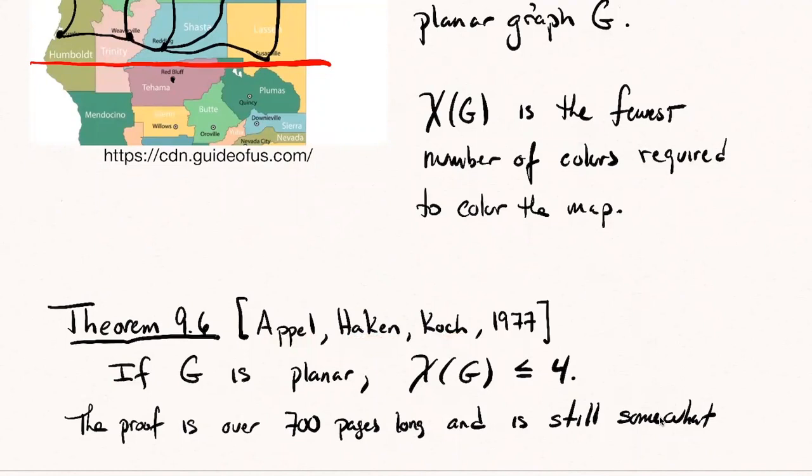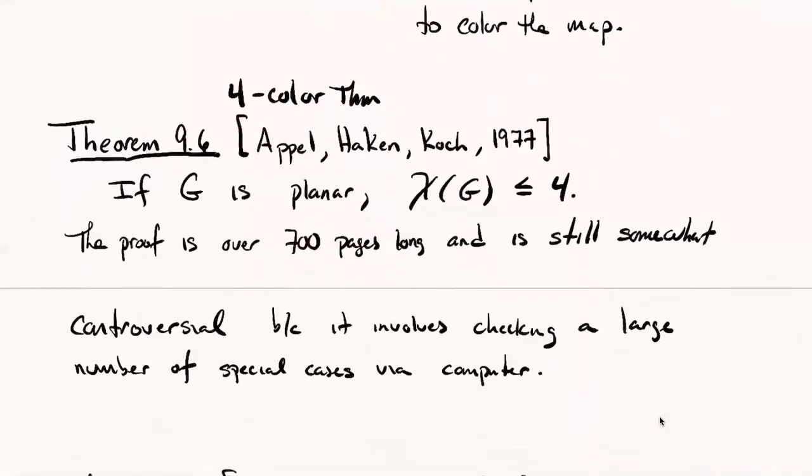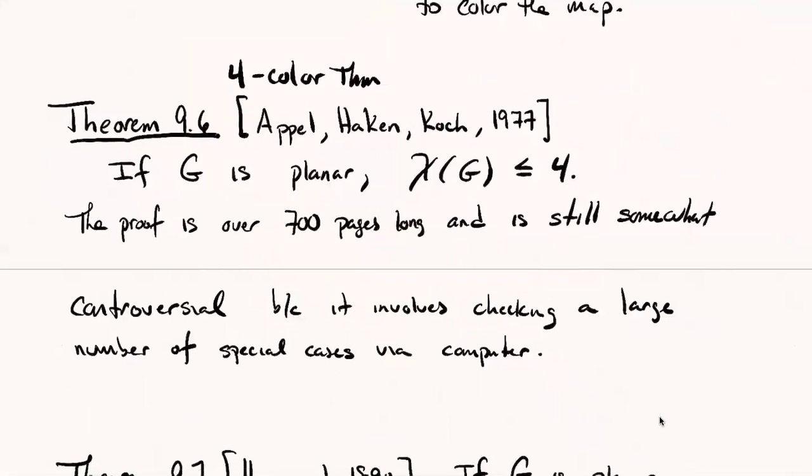I should write it here. It's theorem 9.6 in your book, but people call this the four-color theorem. The four-color theorem says that if G is a planar graph, then its chromatic number is less than or equal to 4. All right. The proof of this theorem, I certainly have never read it or tried to digest it. It's very complicated in its entirety. It was published first, I think, in 1976, but then had to be corrected several times.